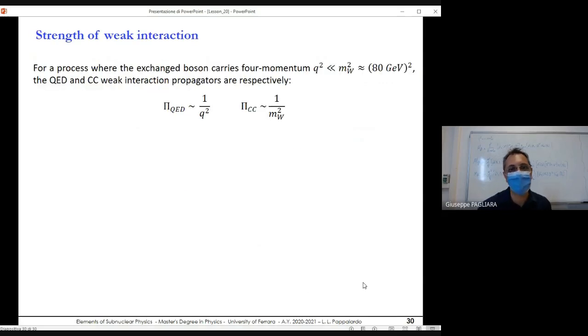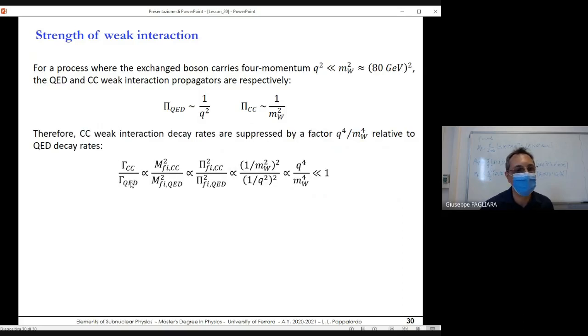Just to convince you about this, when we work in this low energy regime, we can neglect Q square. The QED propagator is 1 over Q squared because the photon is massless. In this case, the propagator is 1 over M squared because we are neglecting Q squared. And so if you want to calculate the ratio of the rates for a charged current process and the QED process, you have just to take the ratio of the square of the matrix elements, which at the end corresponds to making the ratio of these two propagators.